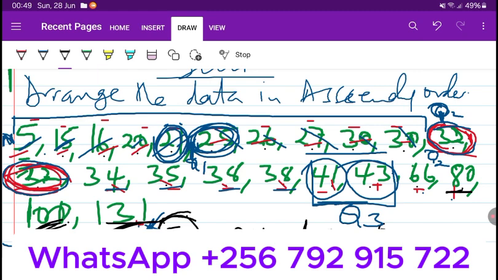But since 131, 100, and then 80 were outliers, we can't pick them as our maximum value. So we pick the next value, which means that our 66 is actually our maximum value.